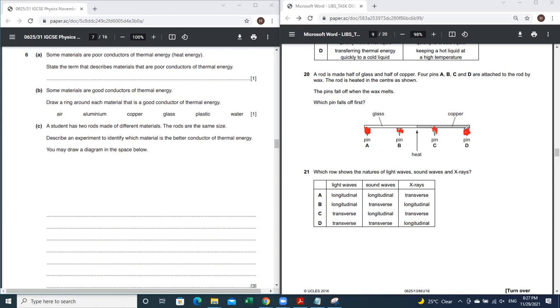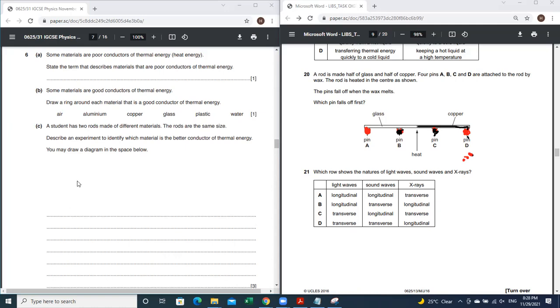Okay, so what will happen is that once the heat reaches this wax first, this wax will start to melt, and we'll find the wax that melts on the ground. So that's what we are going to say here at this part.